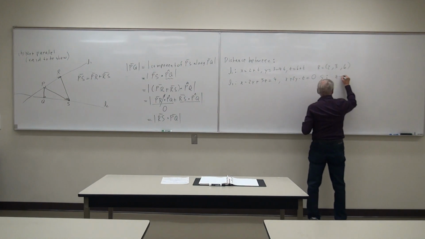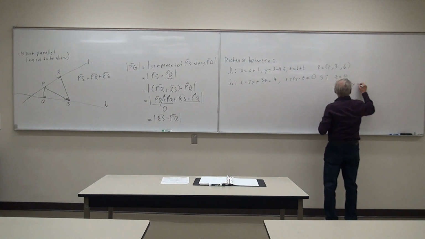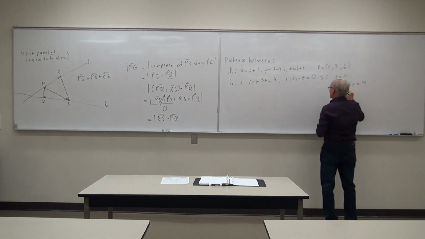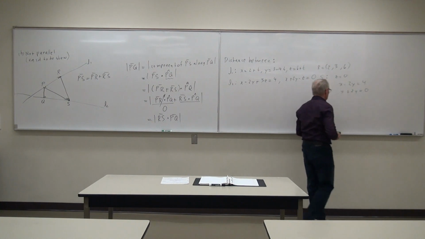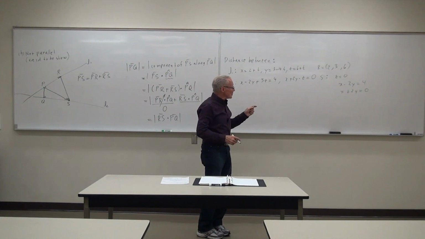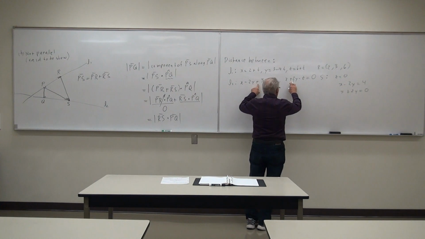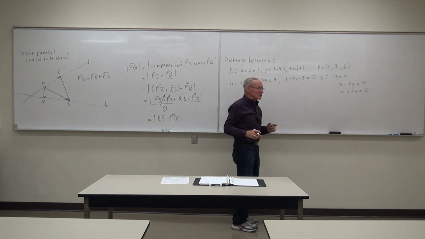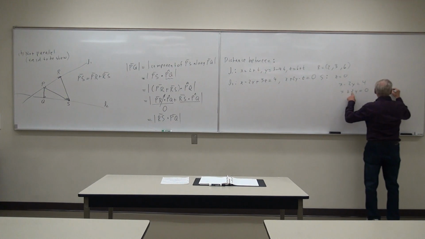I put z equal to 0, in which case I have x minus 2y is equal to 4, and x plus 2y is equal to 0. If I solve those two, I will get the x coordinate and the y coordinate of where this line intersects the xy plane. So this one says that x is equal to minus 2y.